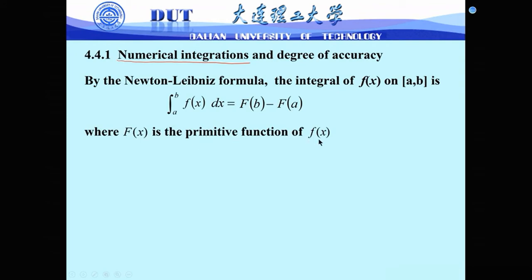For example, if f(x) equals cosine x, then its primitive function F(x) is sine x. Of course, the primitive function is not unique, so we can consider plus a constant c, right? But by the difference between the two function values, c disappears.